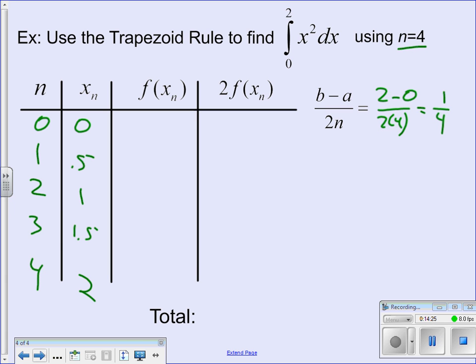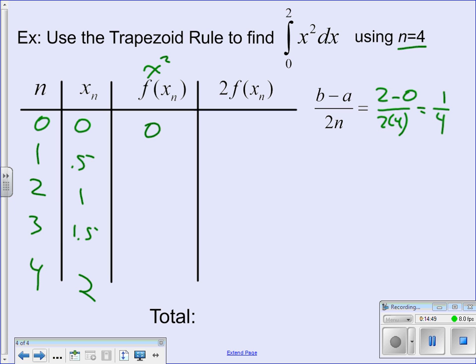Okay. What is our function? x squared. So when I take f of x sub n, this is x sub 0. This is the first one. A is my first function. f of x sub 0, that's my first thing. I square this column here. So I square the first number, I get 0.